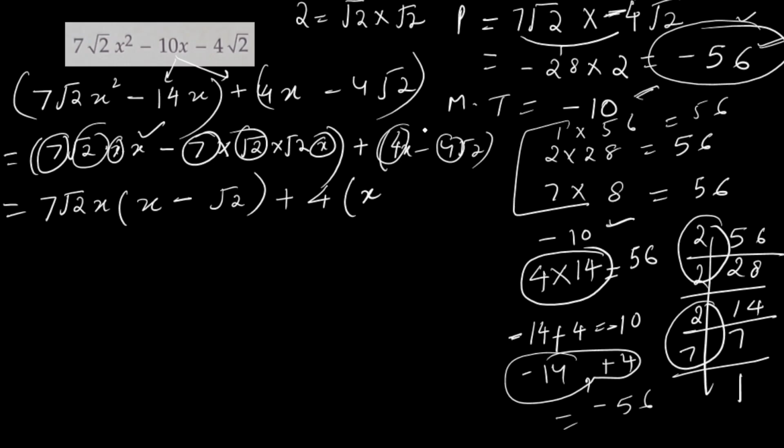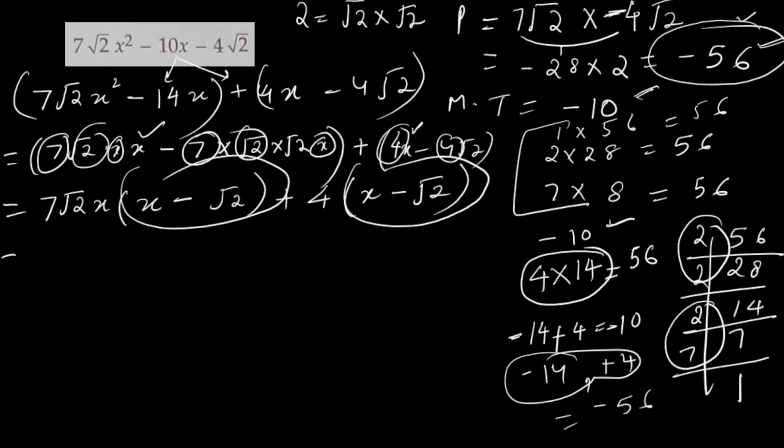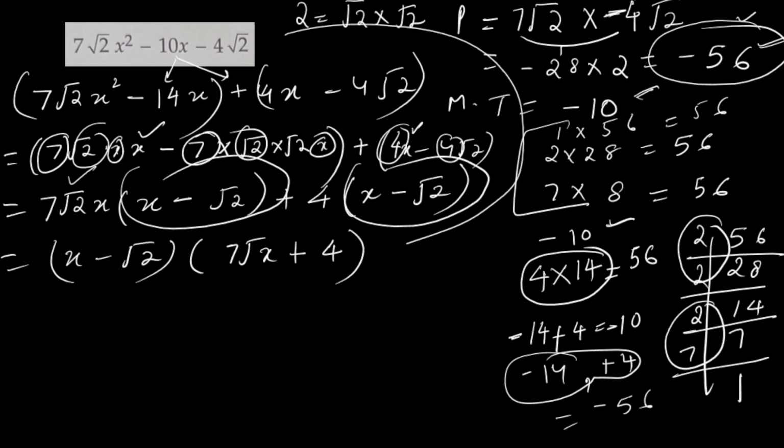Remaining things x is there, x minus root 2. So these two are the same, so this further we can take out as a common factor. So x minus root 2 is a common factor which I am writing out. Remaining things 7 root 2x plus 4. So the given expression is factorized.